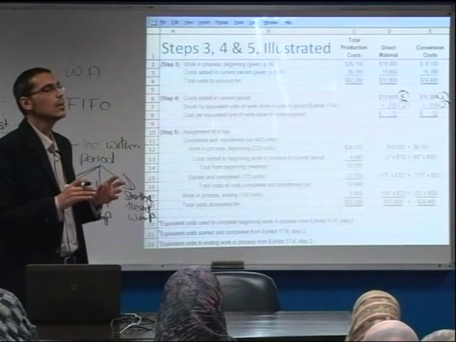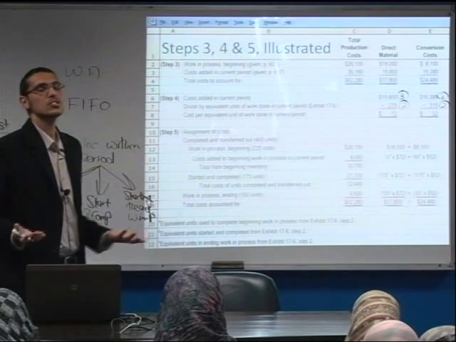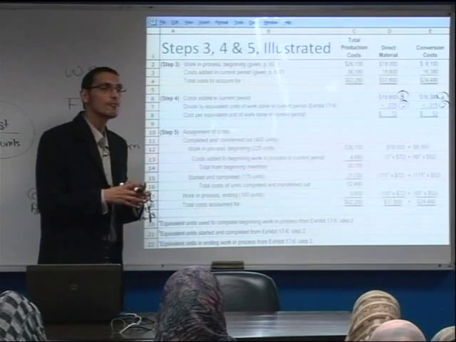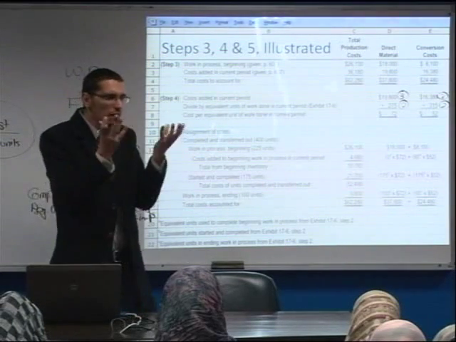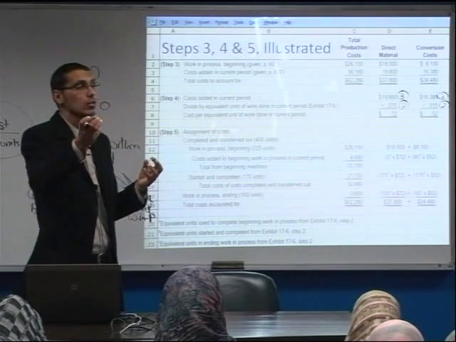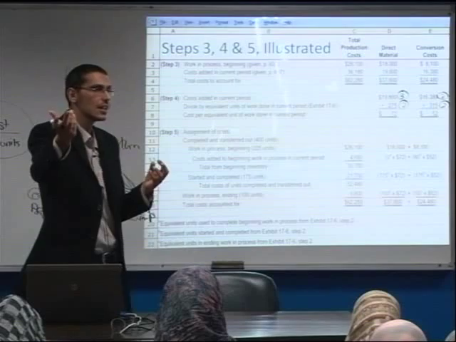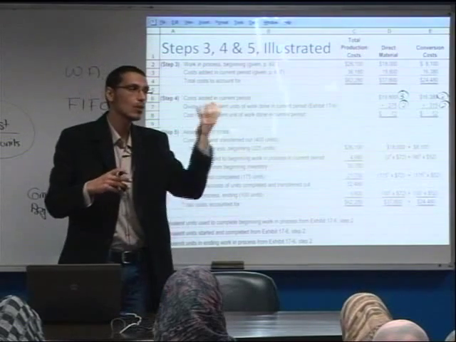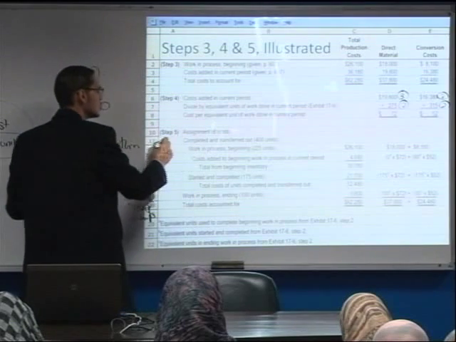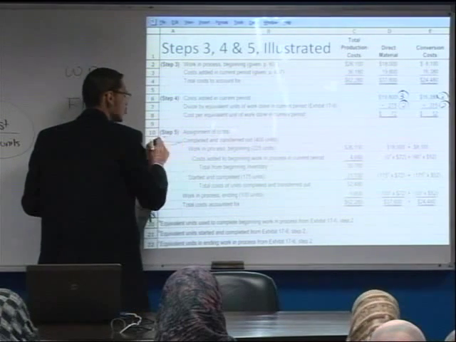Now let us go to the main idea, or let us say the main objective of any process costing system, which is the calculation of two categories: the cost of the work that has been completed and transferred out, and the cost of the ending work in process. First of all, we are going to start with the completed and transferred out.